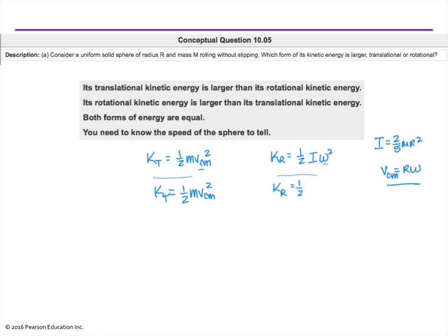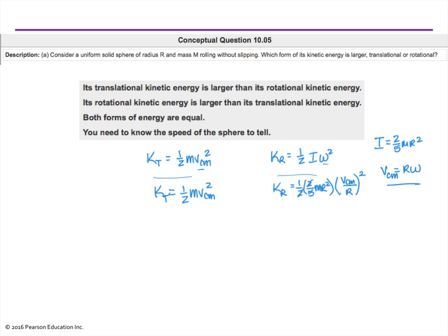The first thing I'm going to do is substitute in the expression for the moment of inertia of a solid sphere. And then I'm going to substitute in for omega, the velocity of the center of mass divided by the radius, and that has to be squared. So a couple of things will simplify.